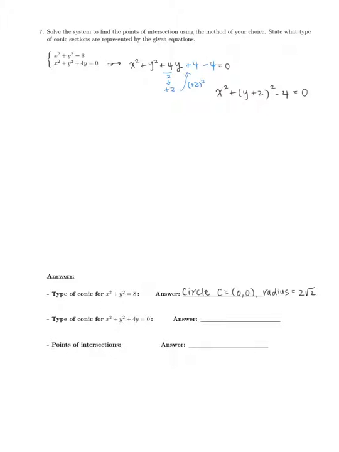Bring the 4 to the other side: x squared plus (y plus 2) squared equals 4. Again, this is the equation of a circle centered at 0, negative 2, with a radius of 2.